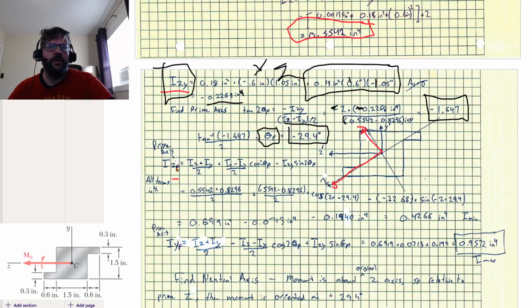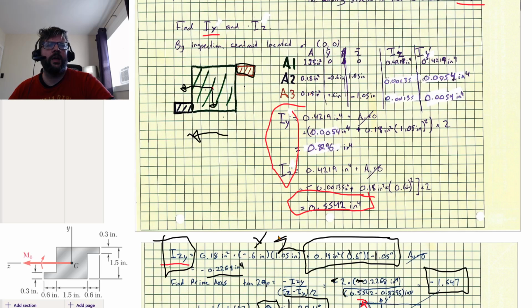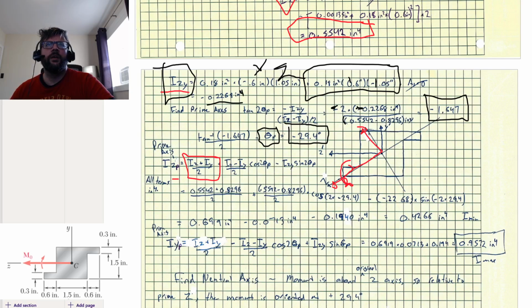Iz prime, the I about this axis, is the average of the two initial I's that we calculated, plus the difference between the two divided by 2 times cosine 2 theta prime, minus our Izy times sine 2 theta prime.